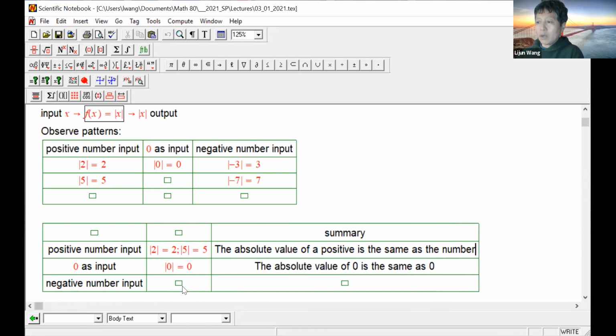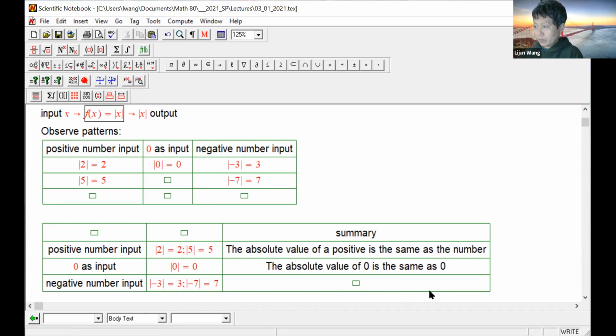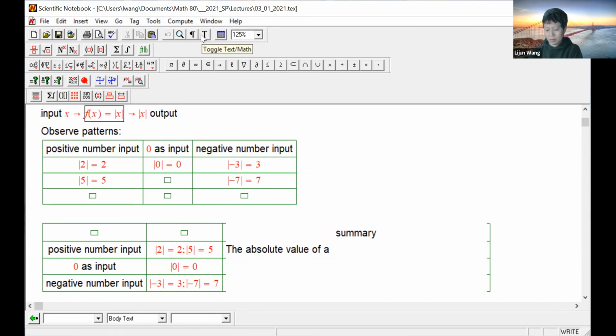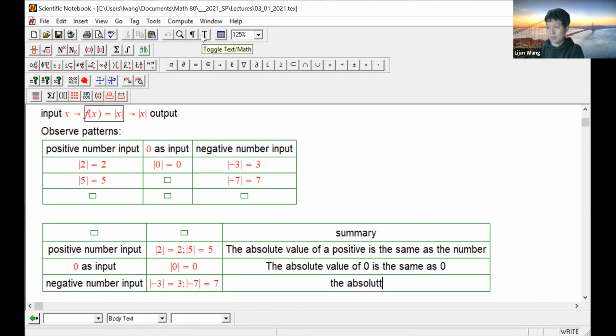So now on the negative number, we have two examples. These two examples. And what have we observed? The absolute value of a negative number is what? What pattern did we find?